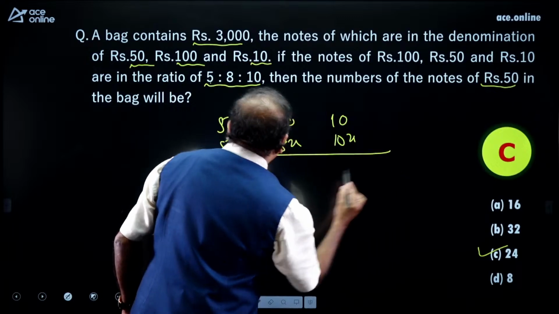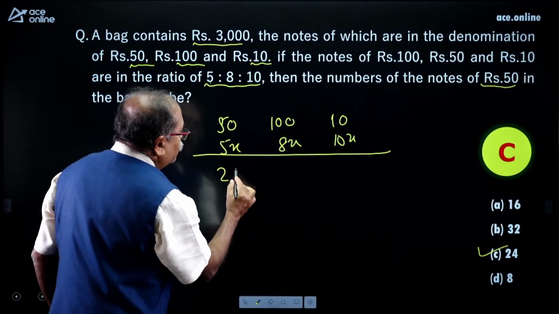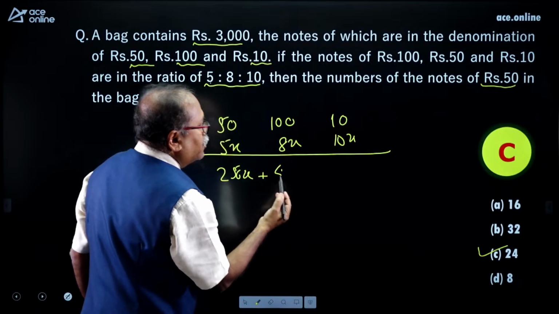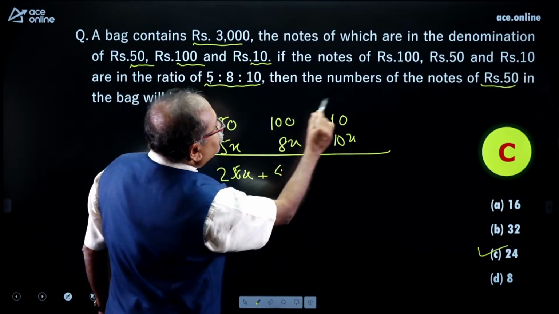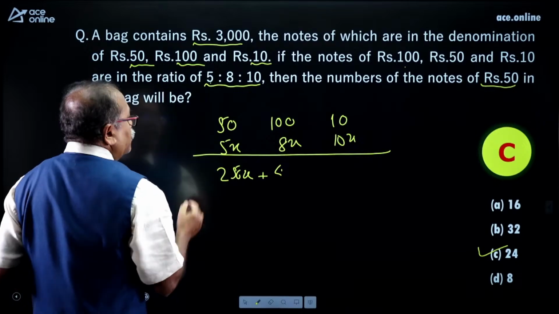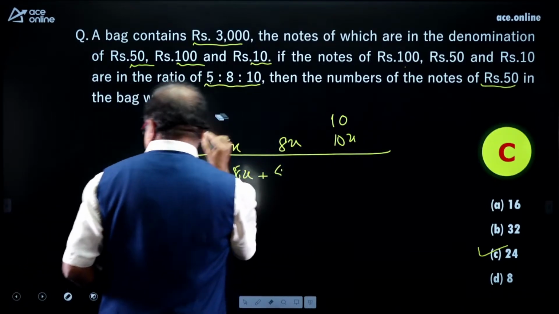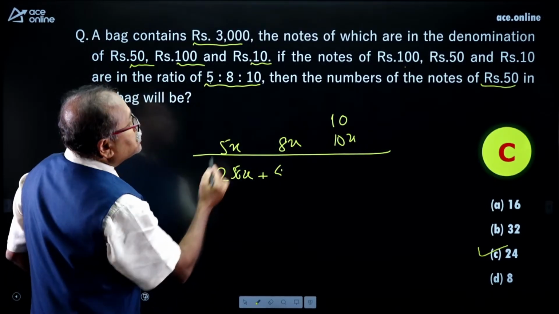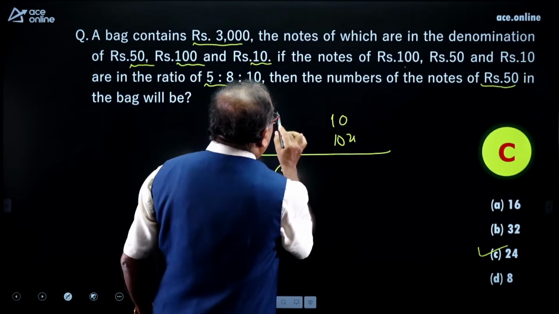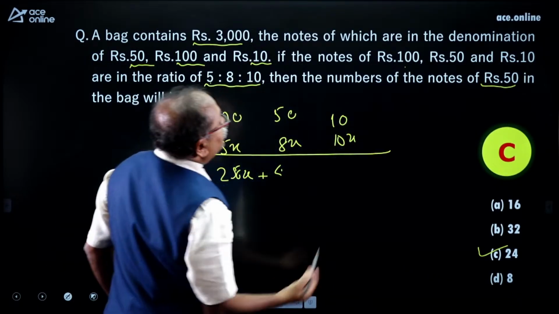So the total amount is 250x plus 4 or 8. This is 100. Okay, my writing order has to be changed. Now the first one is rupees 100, the second is rupees 50, and the third is rupees 10.